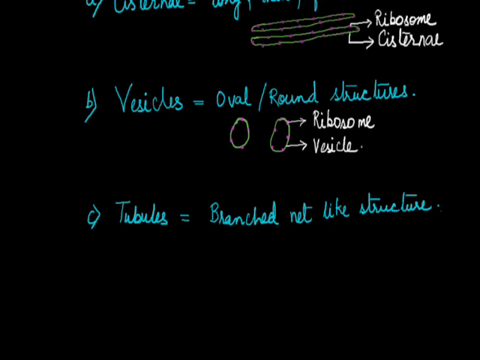In comparison to the cisternae, the tubules are much wider in diameter, and there is one more difference between the cisternae and tubules: they don't have ribosomes on their surface. So unlike cisternae and vesicles, they lack the ribosomes.